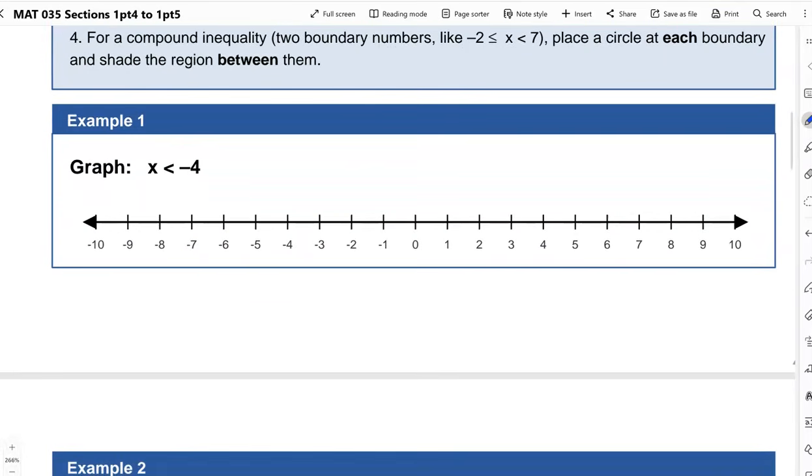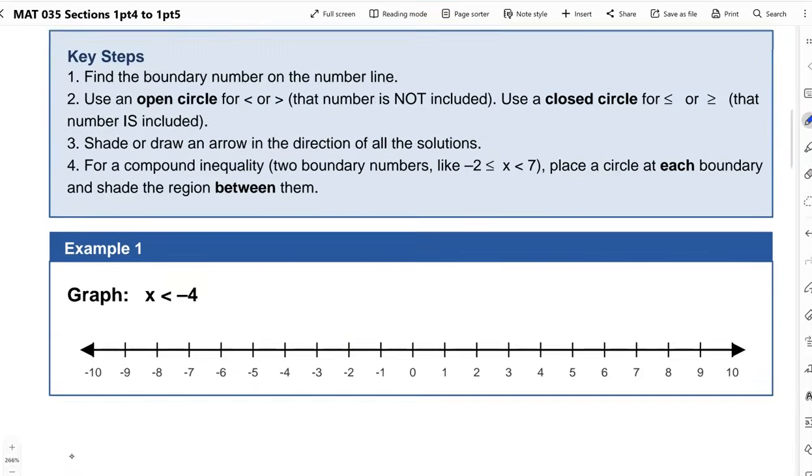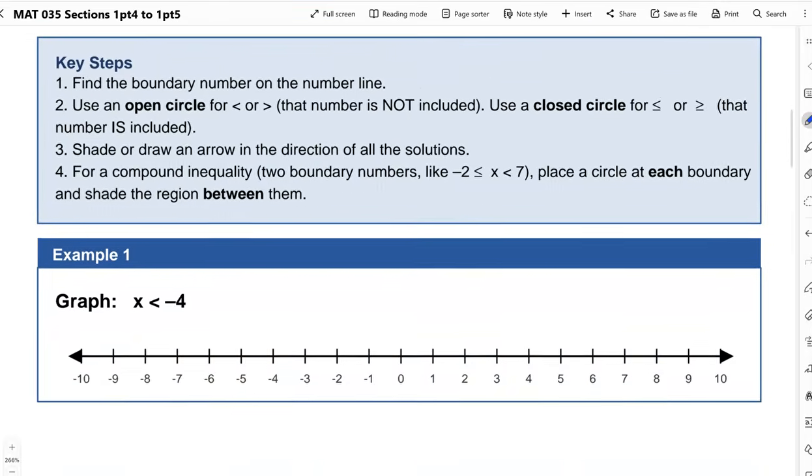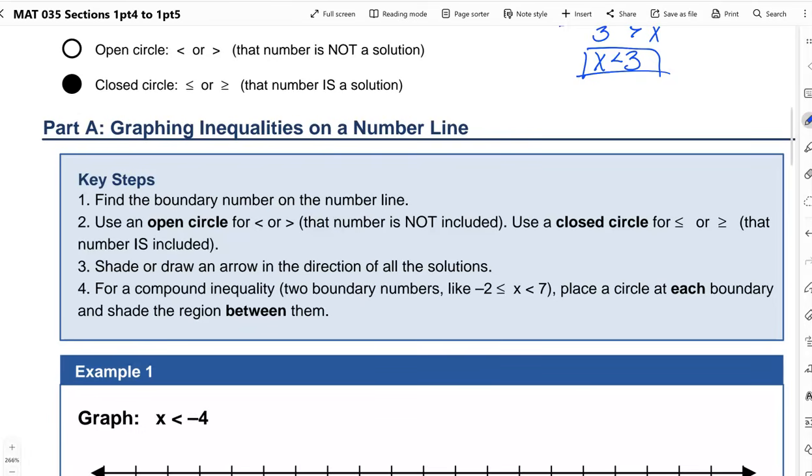So we're going to start with graphing on a number line. If we have a less than or a greater than sign, strictly less than or strictly greater than, we're going to use an open circle to graph. If we have an equal to, like less than or equal to or greater than or equal to, we're going to use a closed circle to graph.